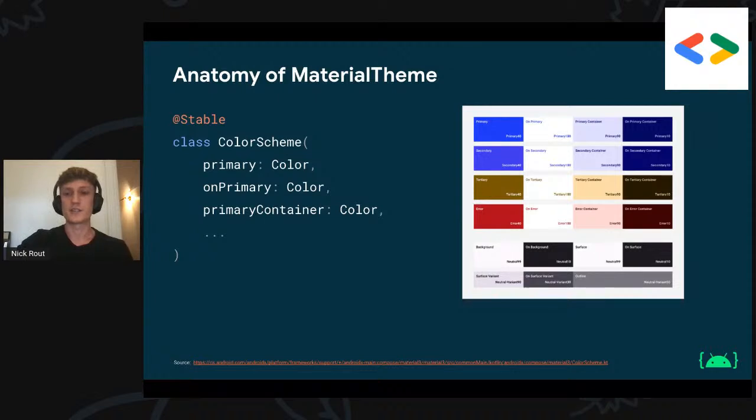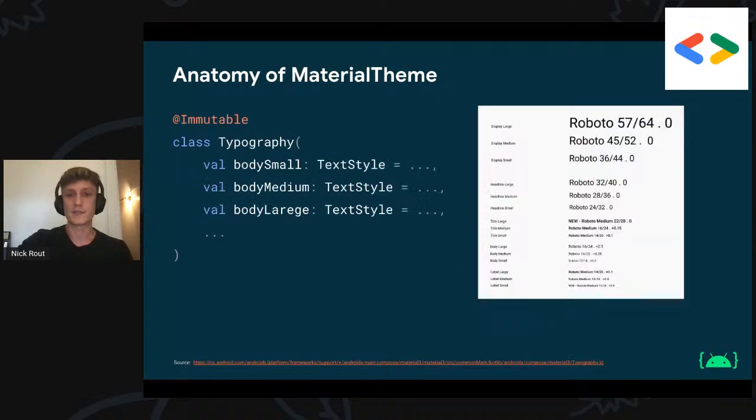You can see on the right an illustration of what these colors represent, but this class holds all of these values, things like your primary color, on primary color, primary container, etc. The same can be said for typography. It's just a class that has a bunch of values and is strictly typed, so to speak, and accepts parameters like body small, body large, etc. to model again the material design typography system.